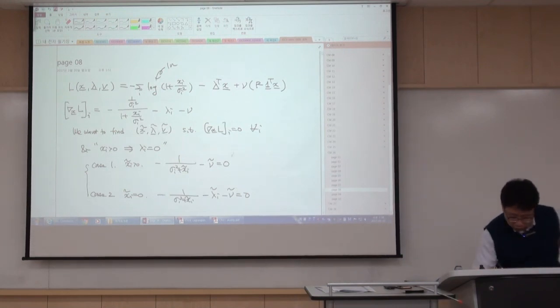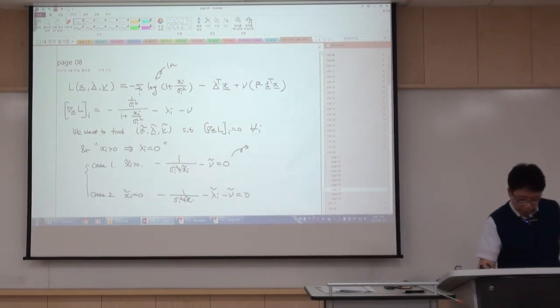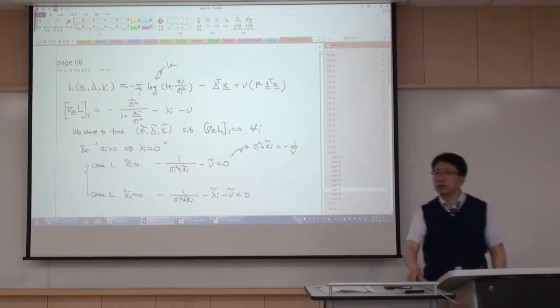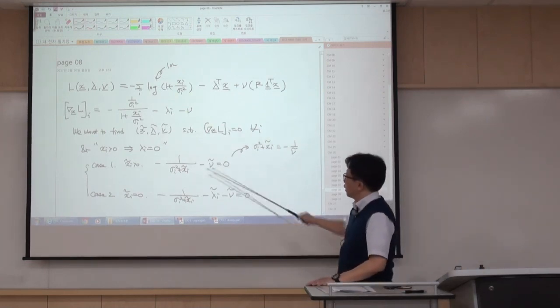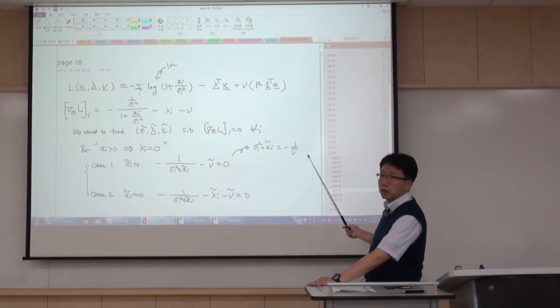Now we can solve for this one. And it says what? Sigma i squared plus xi tilde equals minus 1 over nu tilde. Am I right? You move this and flip, then you have this.